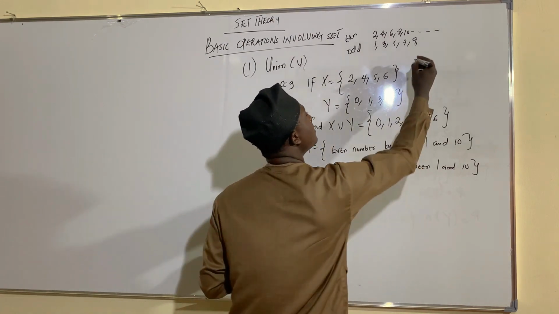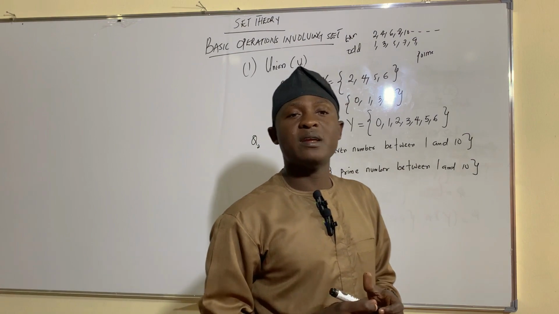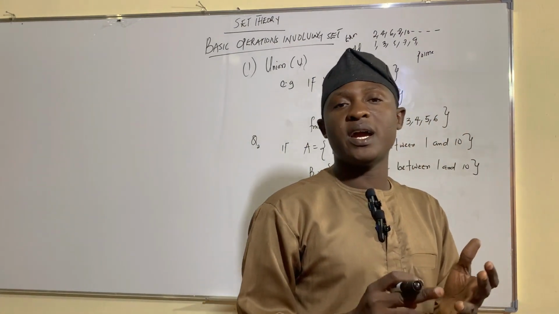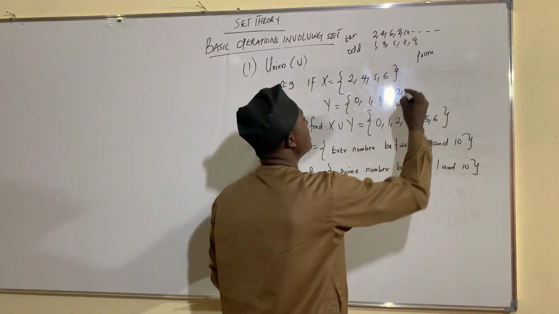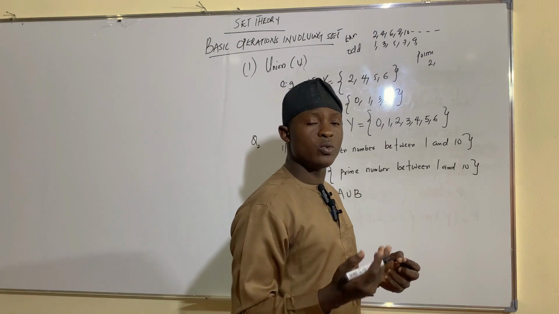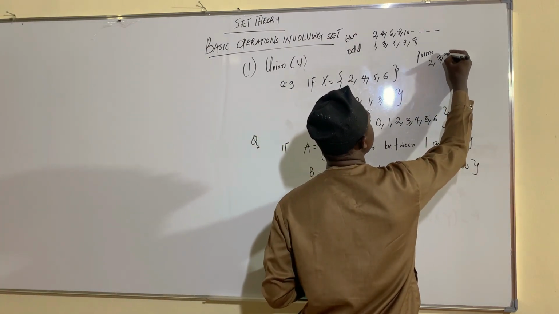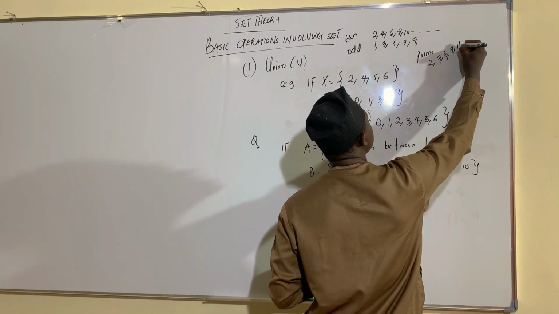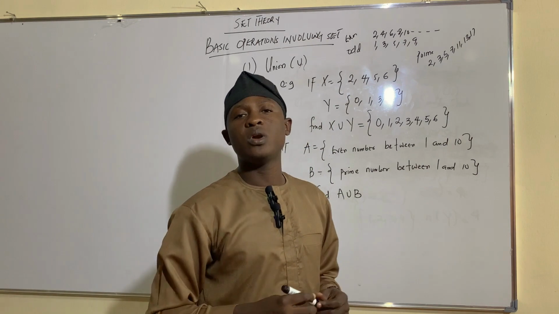Prime numbers are all those numbers that cannot be divided by any other number except 1 and itself. Like 2. If you wonder why we include 2, it's because only 1 and 2 itself can divide 2. Like 2, 3, 5, 7, 11, 13, 17, and so on. All those are called prime numbers.